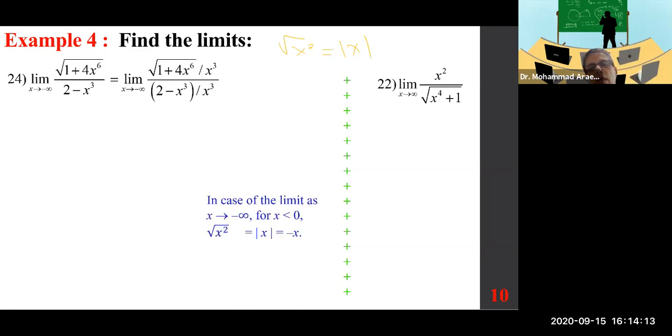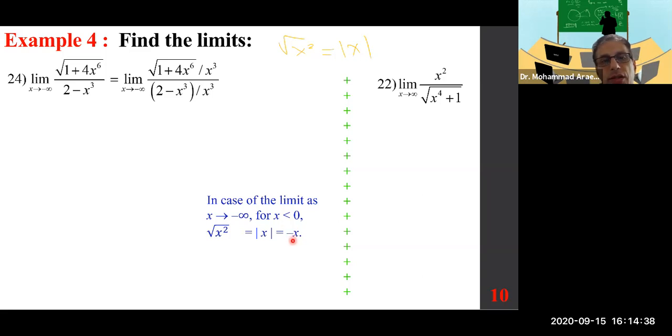In the case of the limit when x approaches negative infinity, the square root of x squared equals the absolute value of x, and it becomes negative x if x is approaching negative infinity.